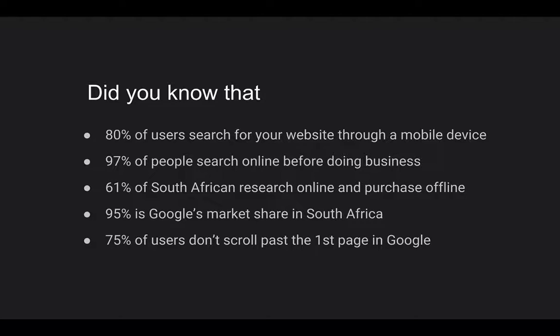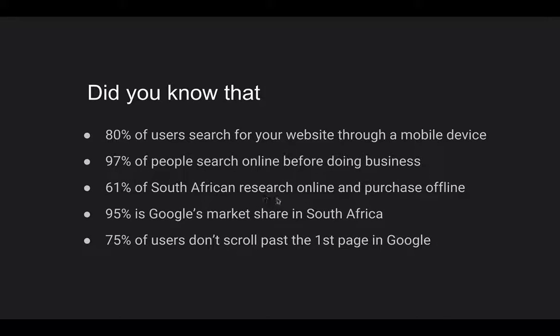A few facts I want to mention. I just mentioned this: 80% of searches for your website go through a mobile device. 79% of people search online before doing business. So people are checking you out online before they come to your business or buy from your business. 61% of South Africans research online and purchase offline.